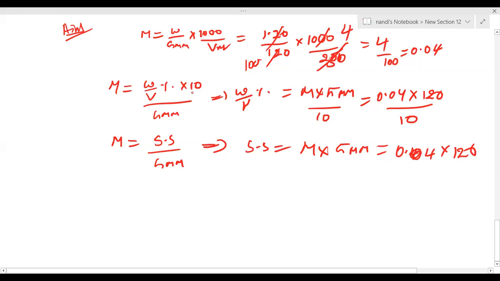We'll try with the definition also. Once we complete it, we'll try with the definition. Check it.